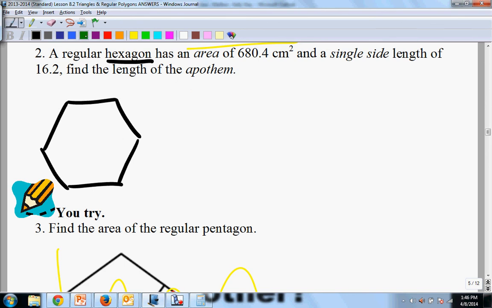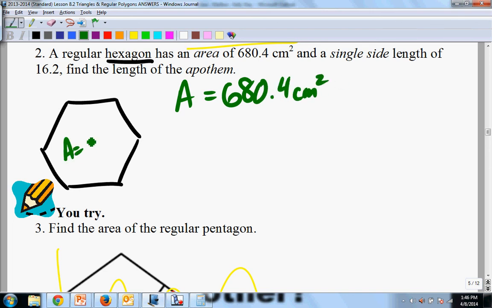Problem 2, a regular hexagon has an area of... Hex is 6. That's correct. In a single side... Once you have your plugins, yes.